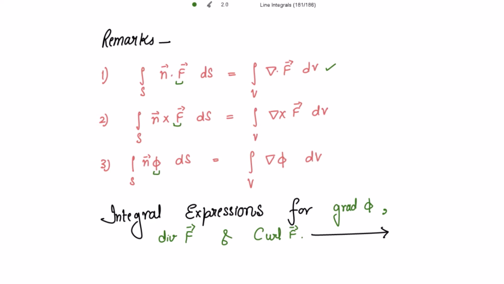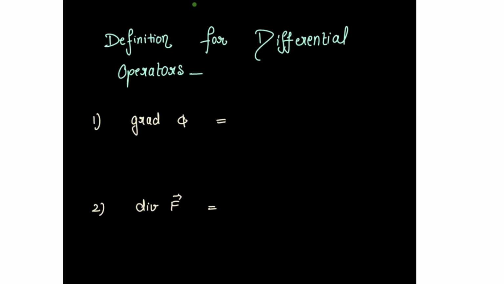And now we are going to write the integral expressions for gradient phi, divergence of f vector and curl of f vector. These are also known as the definitions for the differential operators. First one is gradient of phi, that is grad phi. So just write limit v tends to 0 of the surface integral of n vector its product with phi dS divided by v.